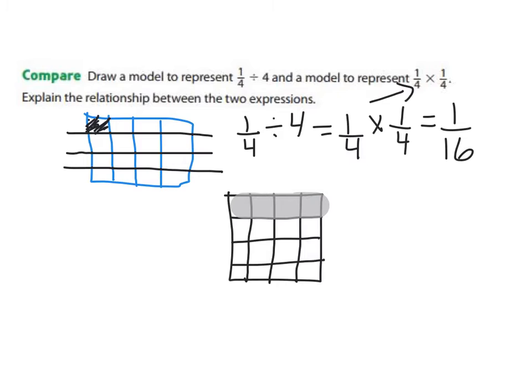Then change your color and you shade in 1/4 this way. And now your overlapping part is right here. Let me get another color here. So your overlapping part is going to be right here. And that part is 1 out of the entire model, which is 16 different parts, or 1/16.